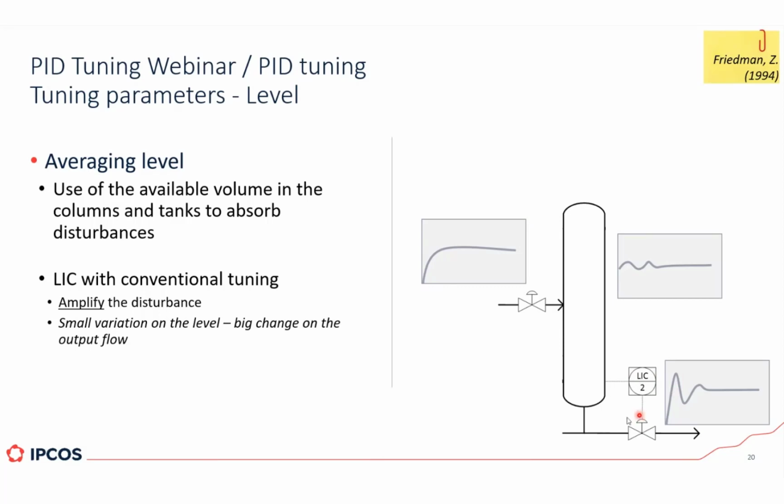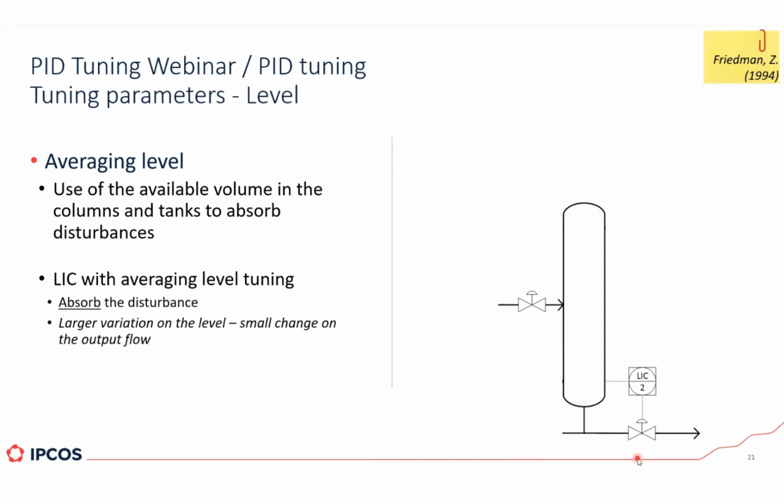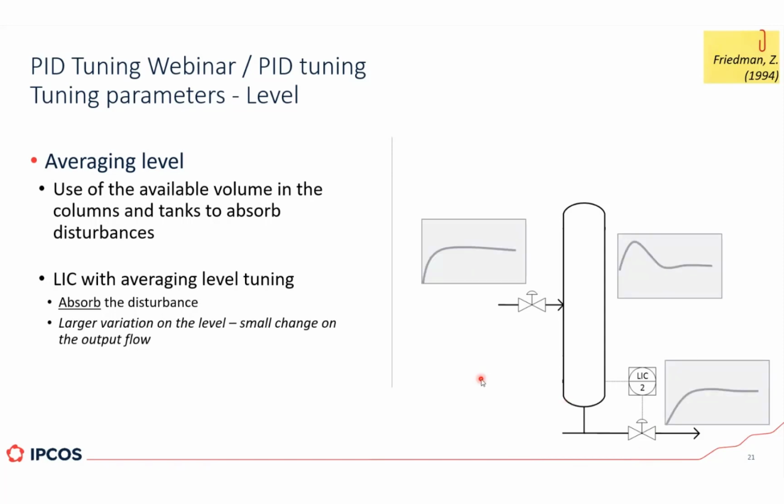And that, in the end, will transmit or even amplify the disturbances to the downstream system, right? The idea of this averaging level is to allow the level to move inside the equipment, to try to absorb as much as possible of the disturbance in the inlet, which will be beneficial for the downstream processes.